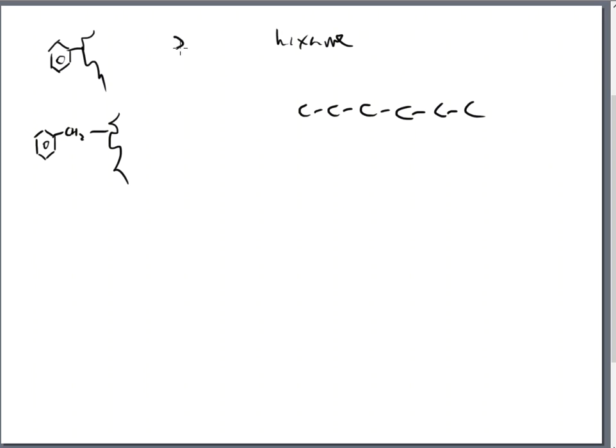Well, I've put a 2-phenyl in the front. On the second carbon of the main chain, 1, 2, right there, we have a phenyl group. I now know what that phenyl represents: the phenyl group is basically this benzene ring.